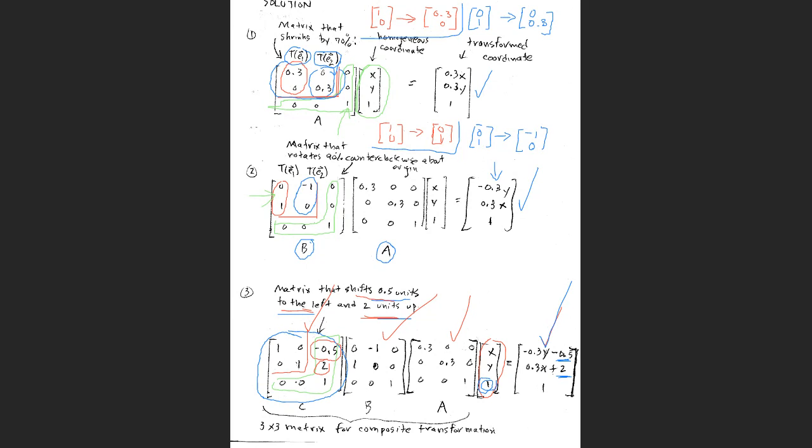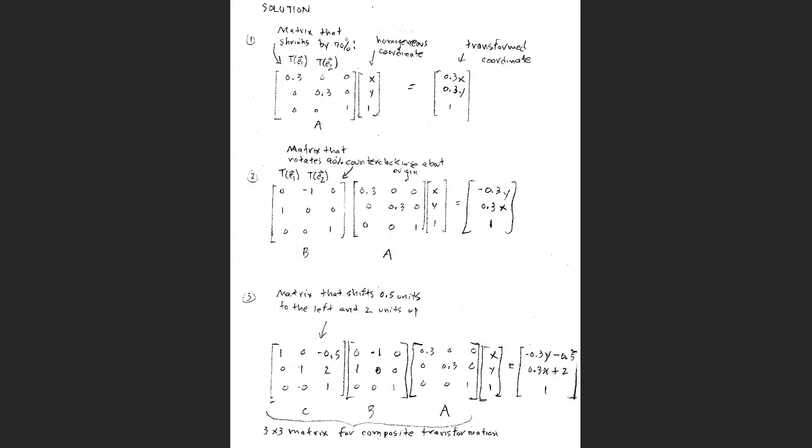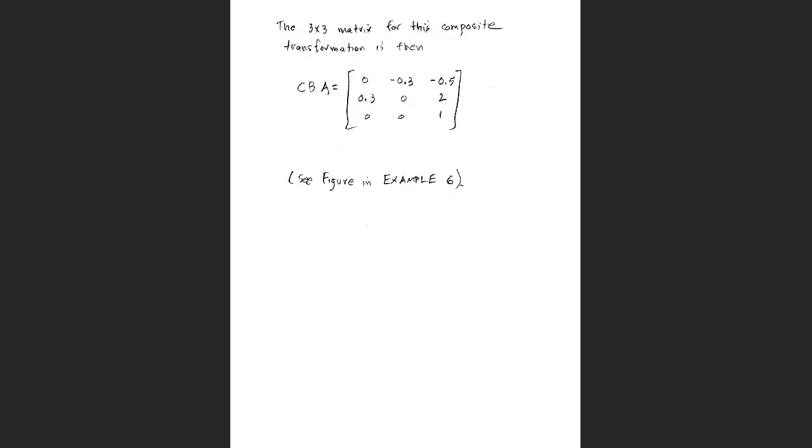Well then, the final answer, of course, is this transition matrix here that will do the job of these three transformations. And of course, we can program that in a computer, and then it'll make figures do all kinds of things.